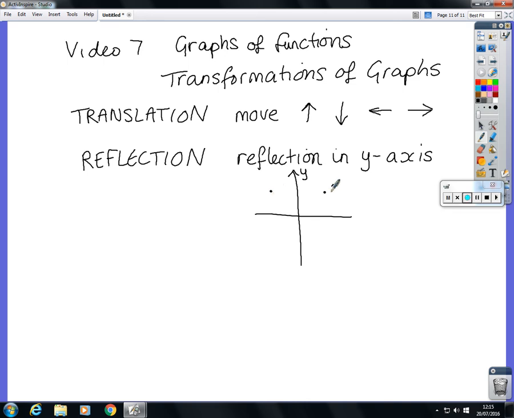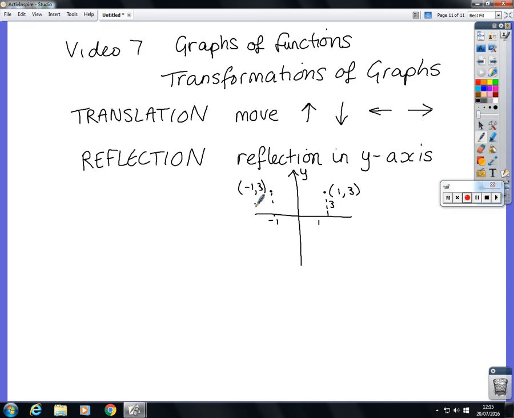So for example, if this was the coordinate 1, 3, reflecting it in the y-axis means 1 along 3 up becomes -1, 3. That's what happens with a single coordinate point.